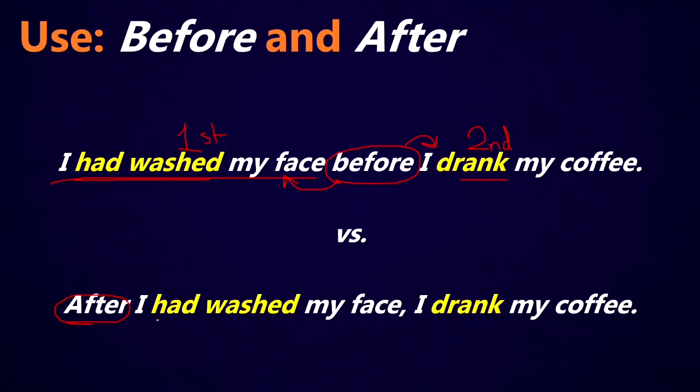So after I'd washed my face, here we see the past perfect. So that thing happened first. And I drank my coffee. This is past simple, so this one happened second. But also I've got this word after here. So after I washed my face, what did I do after I washed my face? I drank my coffee. So this is just giving us more information about the order of things in the past.